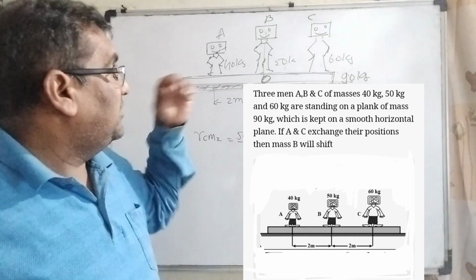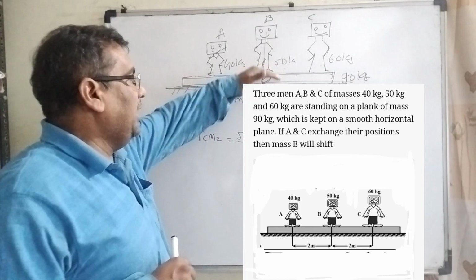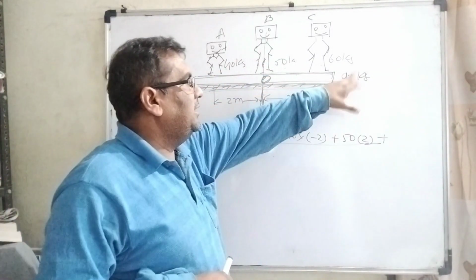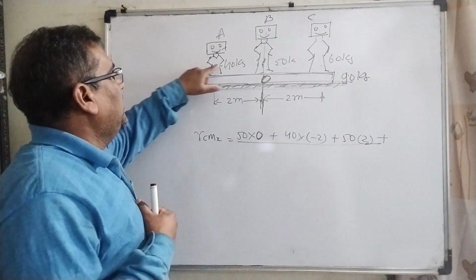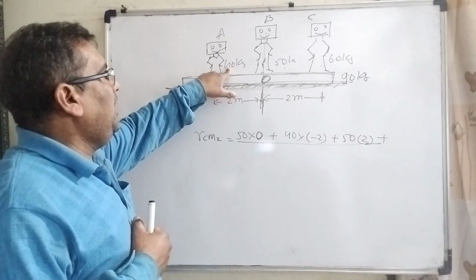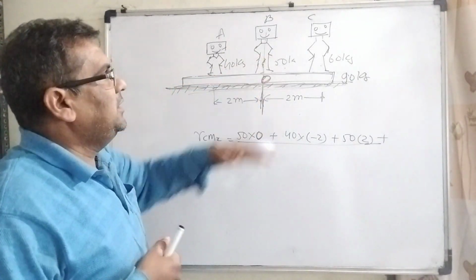Here you can see three men standing on a plank whose mass is 90 kilograms. A is 40 kilograms, B is 50 kilograms and C is 60 kilograms.